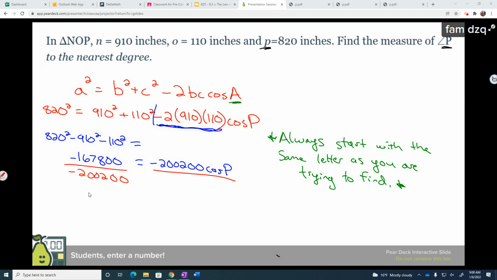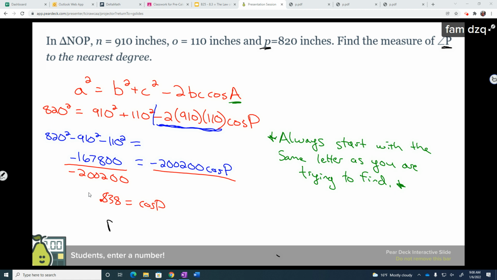So negative 167,800 divided by 200,200. And again, another decimal, 0.838. I don't really have to write out all of it because I'm going to use that second answer again. Equals cosine P. So then P is going to be the inverse cosine of that.